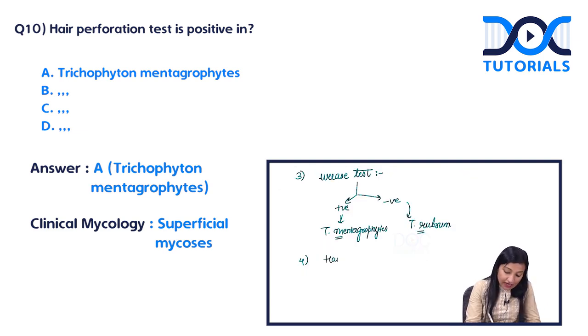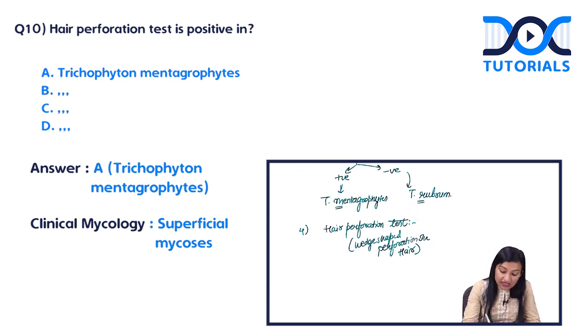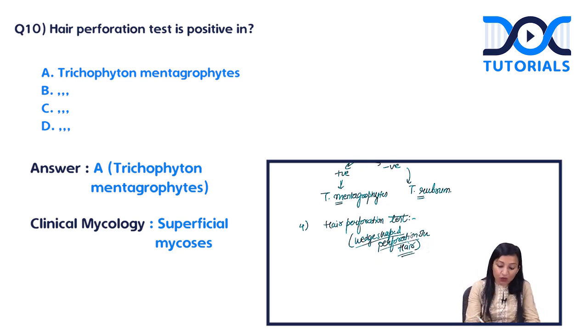We have the hair perforation test. Now, in this test, we look for the formation of wedge-shaped perforation in the hairs. We have a hair specimen in the lab, and we mix it with the suspected fungus, and we see whether any wedge-shaped perforation forms or not. If the perforation is formed, then it is interpreted as a positive test.